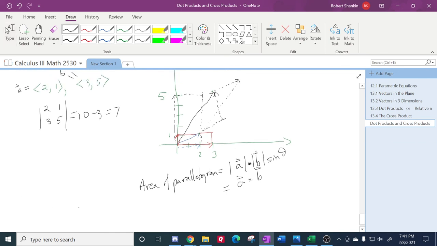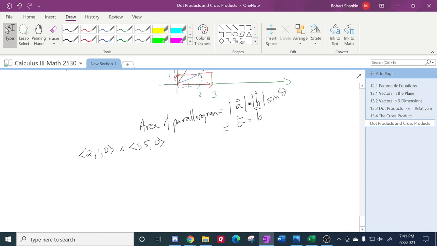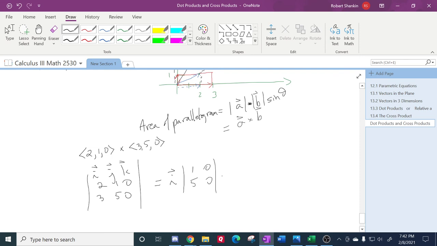If you did that, you'd get 2, 1, 0 cross 3, 5, 0, and then you do the I, J, K. I times, and then it's going to be 0, 0, 1, 5, it'll 0 out.